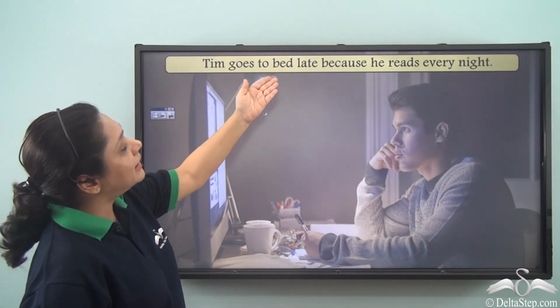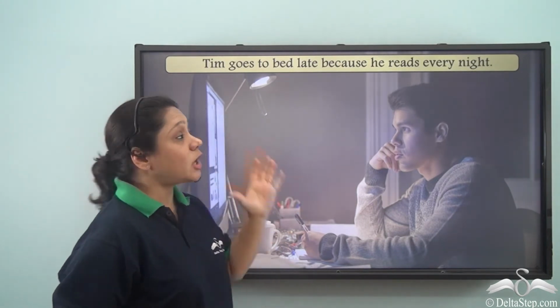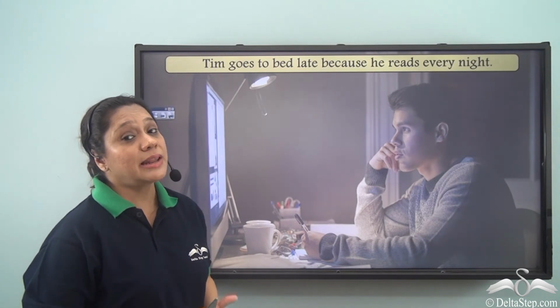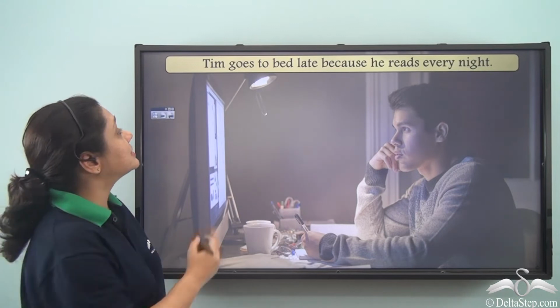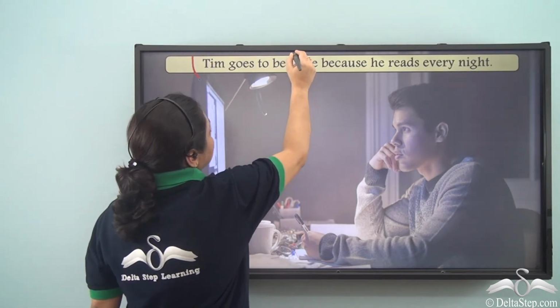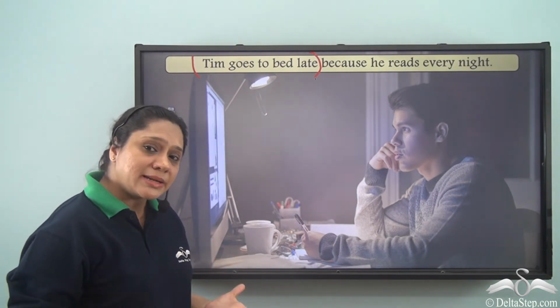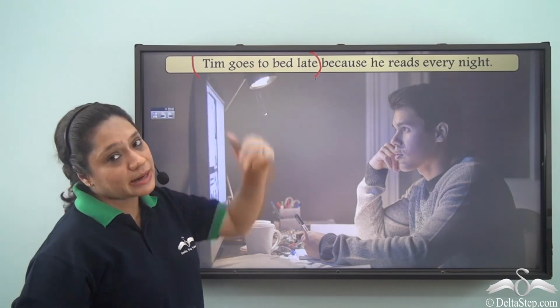Tim goes to bed late because he reads every night. Now, this sentence is made up of two clauses. Let us try to identify them. So, the first part of the sentence, Tim goes to bed late, can stand alone as a sentence and it makes complete sense. Tim goes to bed late.